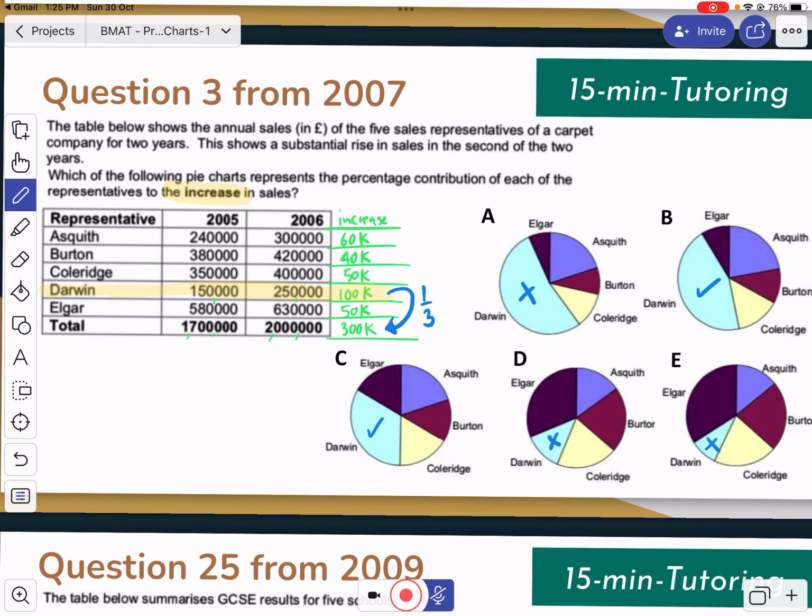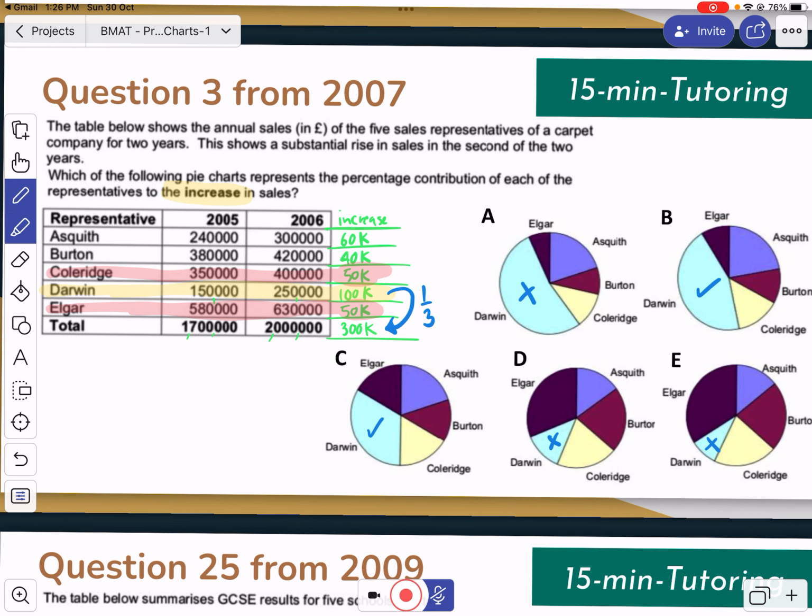Next, let's take a look at perhaps a distinctive feature that you can see easily. In this case, I'll go with 50K and 50K. So Coleridge and Alger need to have the same size. That is a distinct feature we spot.